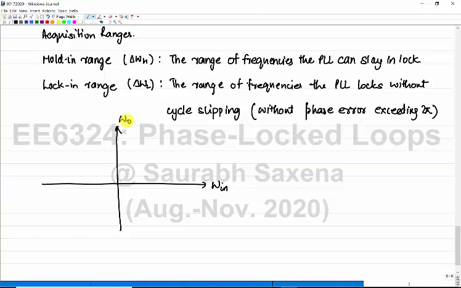And omega in you can take both ways. So normally, let us say you start with omega in from some low value to some high value. This is your range of omega in. So if you change your omega in, then your omega out should also change accordingly, ideally, right?